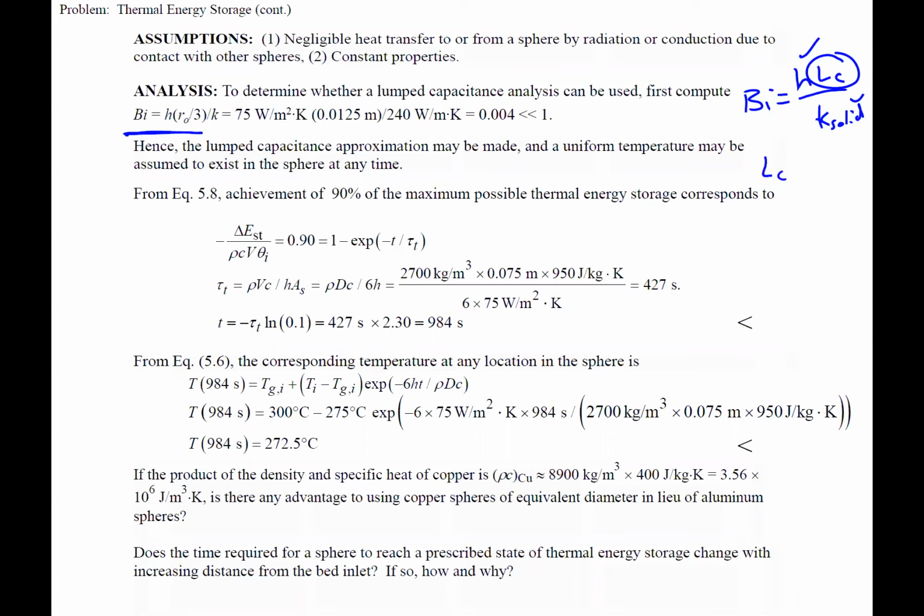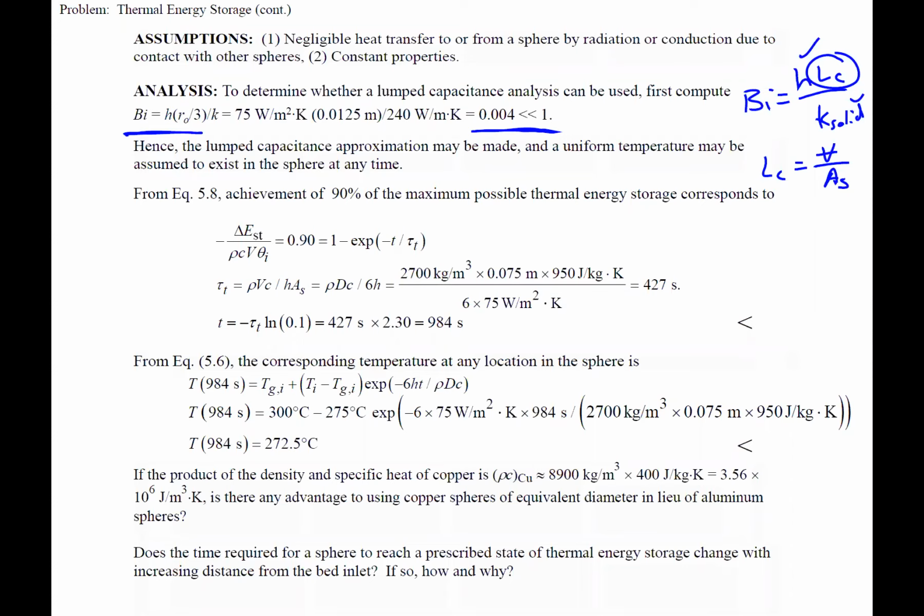So Lc is really just volume over surface area. For any geometry, it's this; for a sphere, it reduces to radius divided by 3. So when we plug in our values, we see we're much less than 1, 0.004, okay?